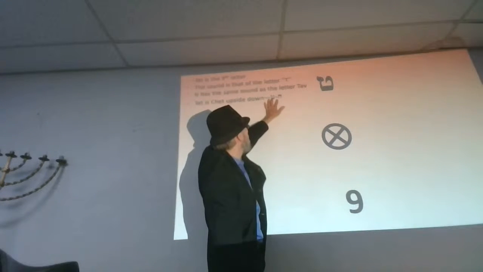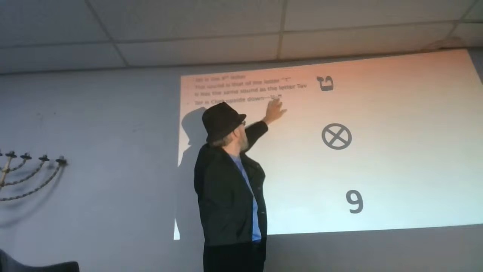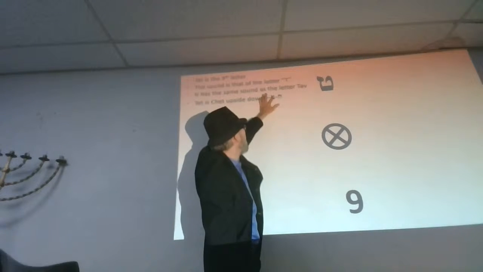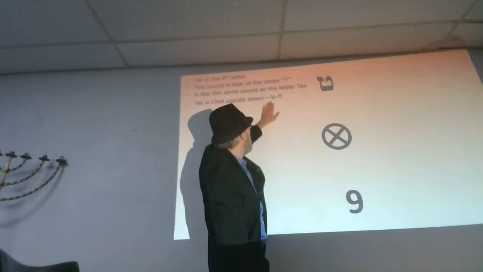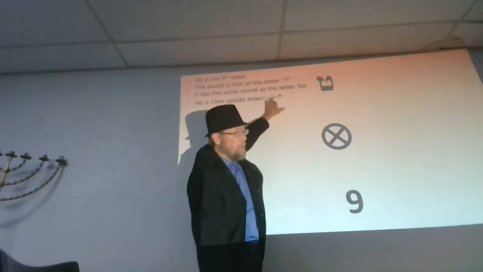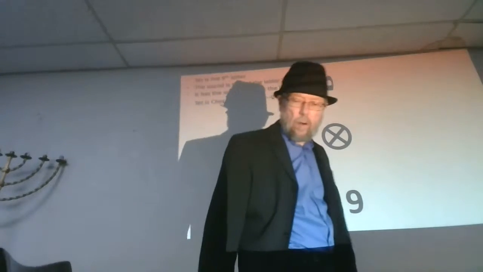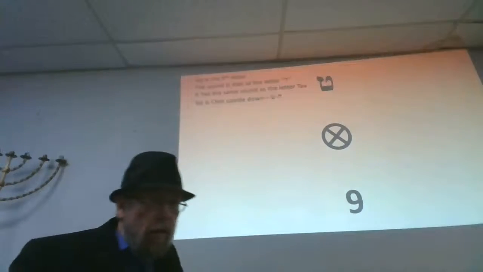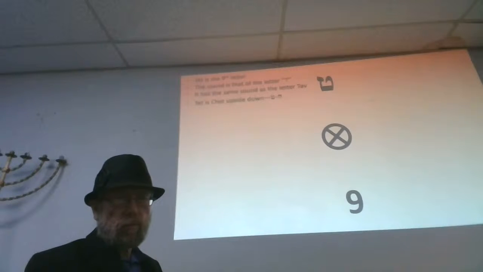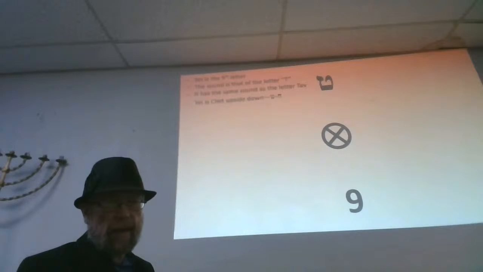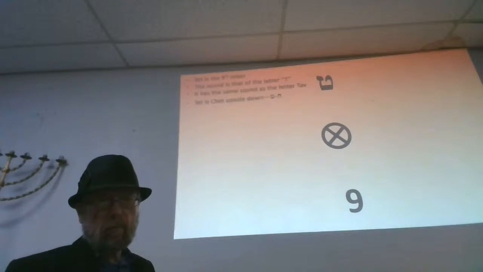You can see that they have just taken this letter and turned it upside down, added a little decoration there. So it's slightly different, but basically it's this letter turned upside down. There's a reason for that which gets implied into the word. And so Tet is Chet upside down.